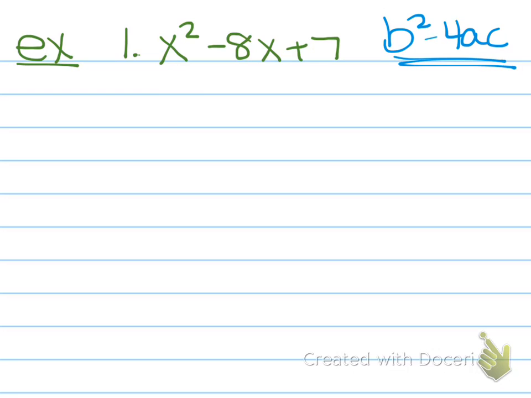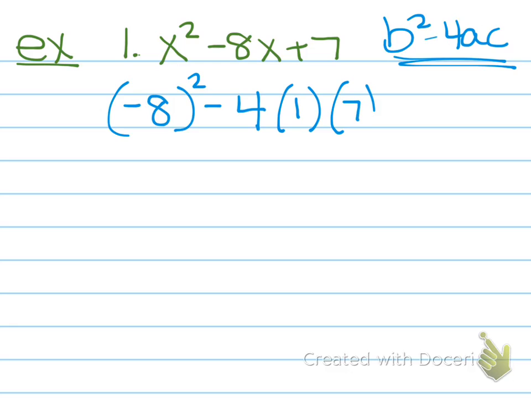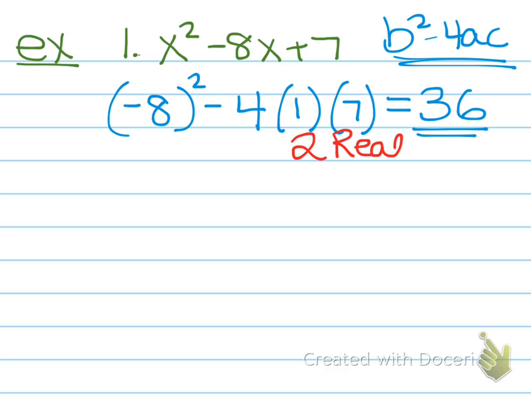So b is negative 8, so negative 8 squared minus 4 times 1 for a times 7 for c. And when I evaluate this number, I get 36. Well, 36 is greater than 0, so this means that we have two real solutions.